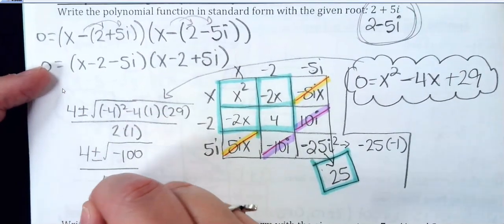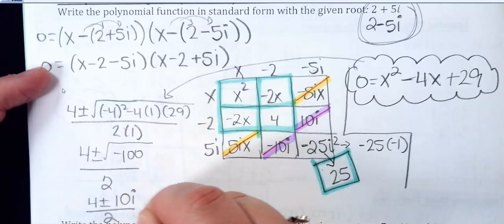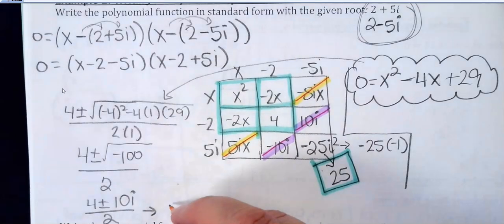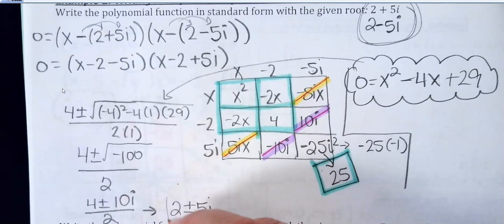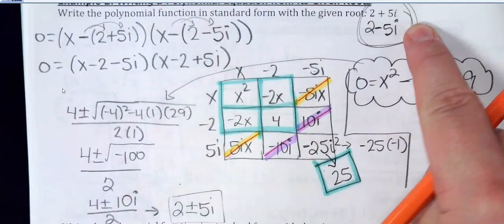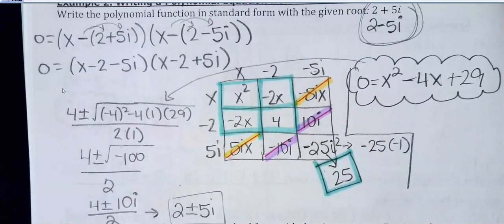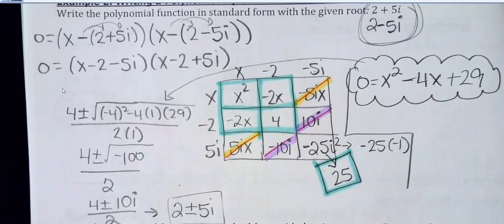So I have 4 plus or minus 10i over 2. Both the 4 and the 10i are divisible by 2, and guess what? This gives me back 2 plus or minus 5i, which is what they gave us originally in the problem. So if you wanted to check, you could do it that way just using the quadratic formula. You don't have to. The actual answer to the question is that quadratic, x squared minus 4x plus 29.